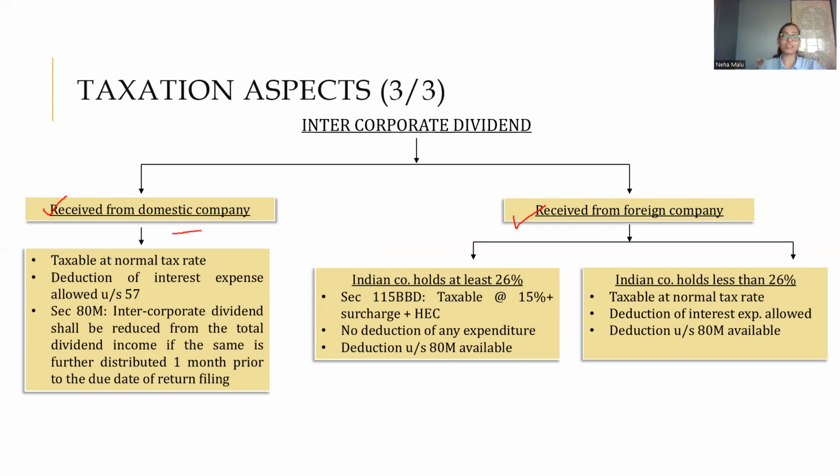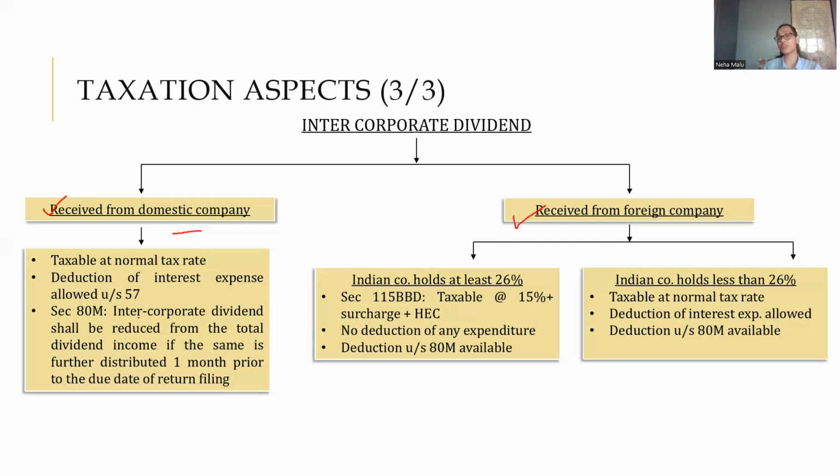For example, if the company has received intercorporate dividend, then the same shall be reduced from its total income if it distributes the same portion to its shareholders. However, there is a condition that the same is to be distributed at least 1 month prior to the date of filing of return. So this is with respect to taxation of intercorporate dividend received from a domestic company by a domestic company.